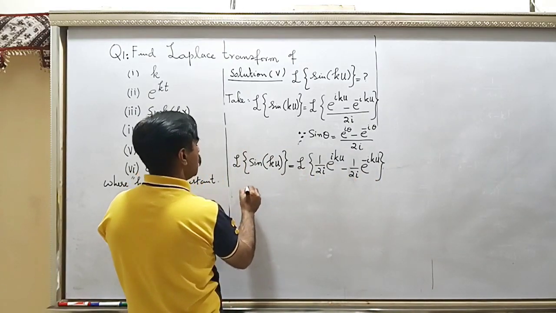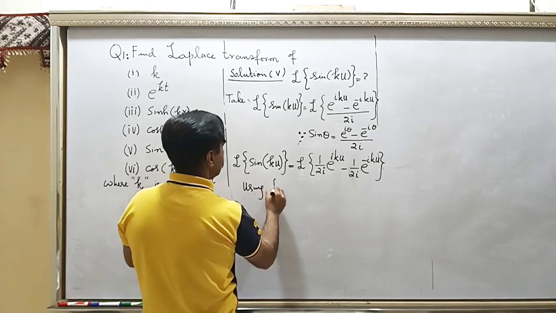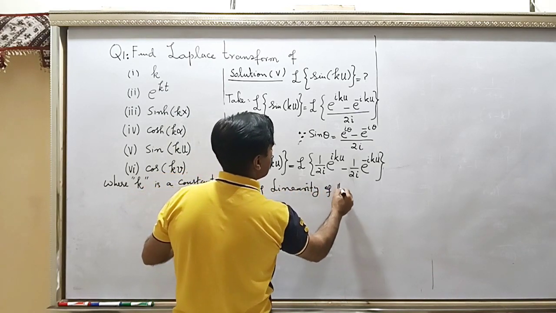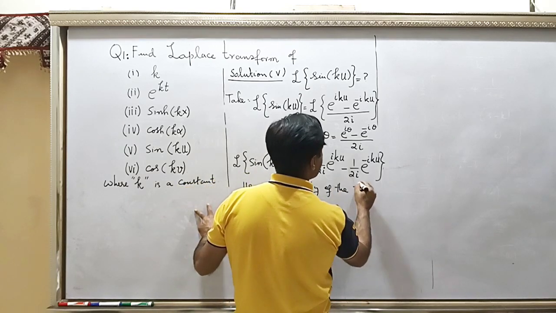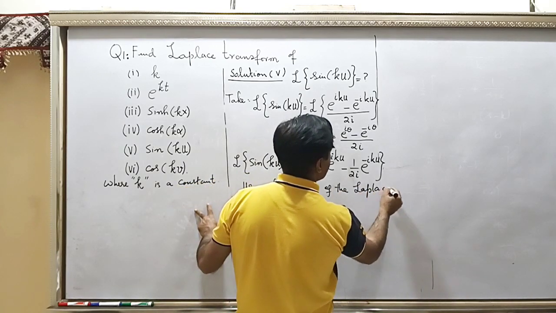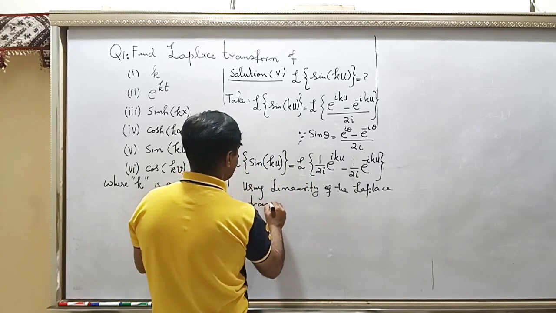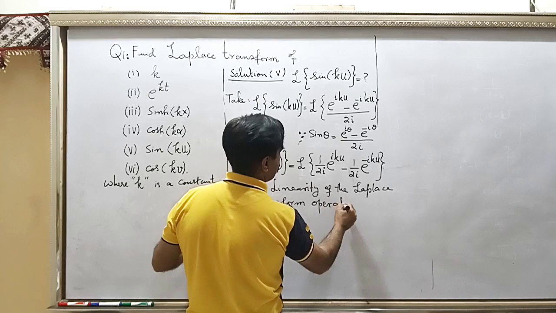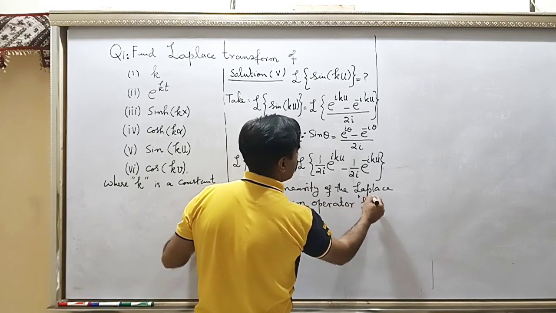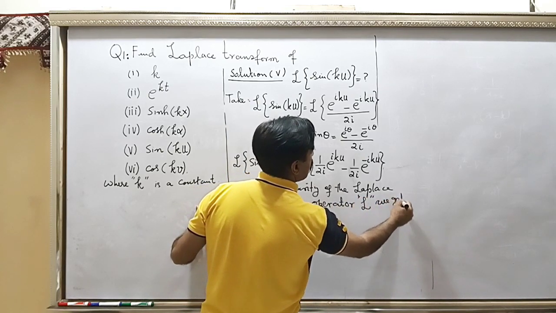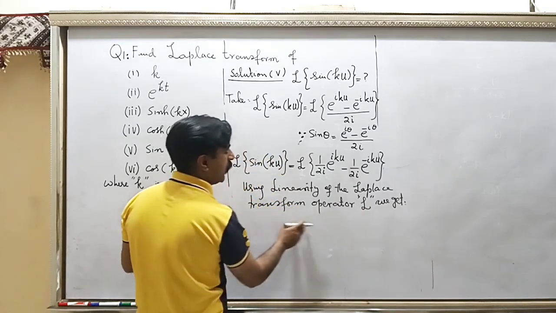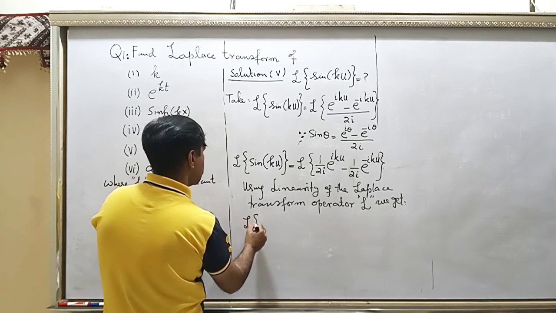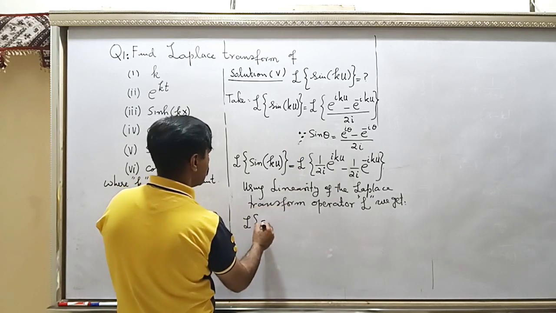Now using linearity of the Laplace transform operator L, we get. You do not need to write the equation for linearity. Directly you can apply it here, because I have written it in the previous question.